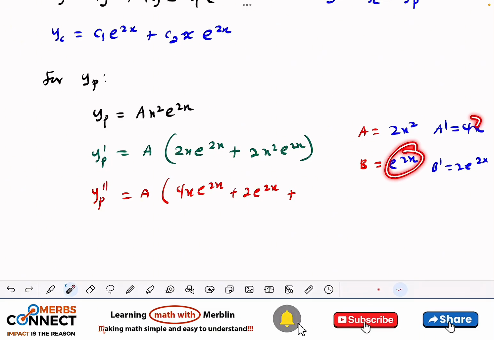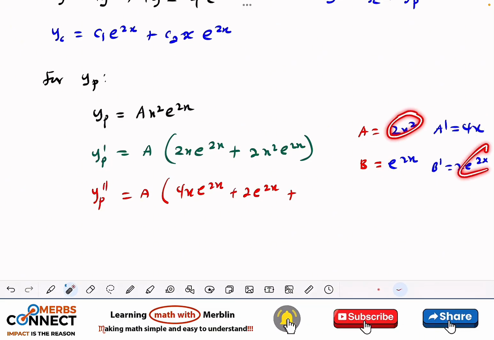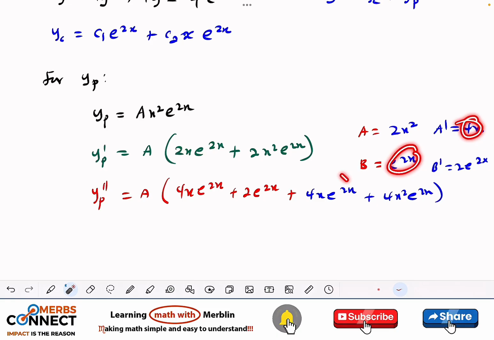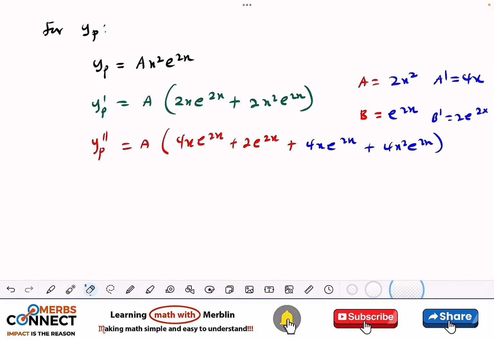So this times this plus this times that. So we are going to have 4x e to the power 2x plus 4x squared e to the power 2x again. So this times this is going to give us this, and this times this is also going to give us that. So let's try and simplify them, and then we just plug them inside the function.